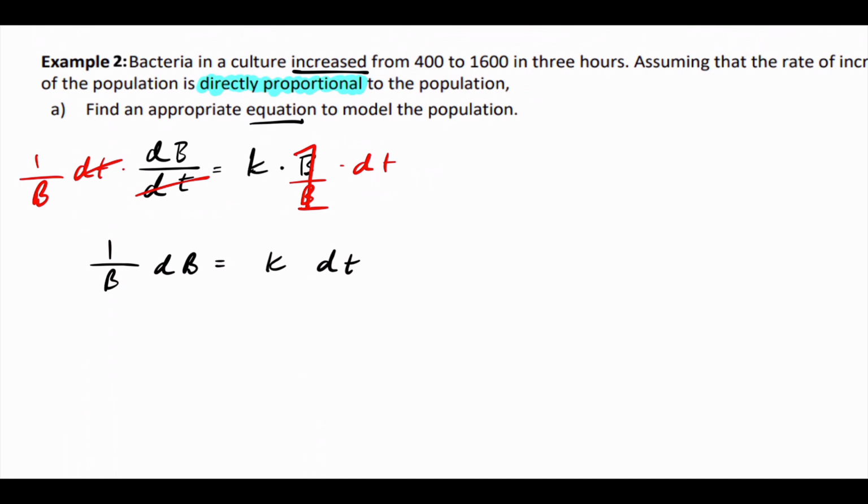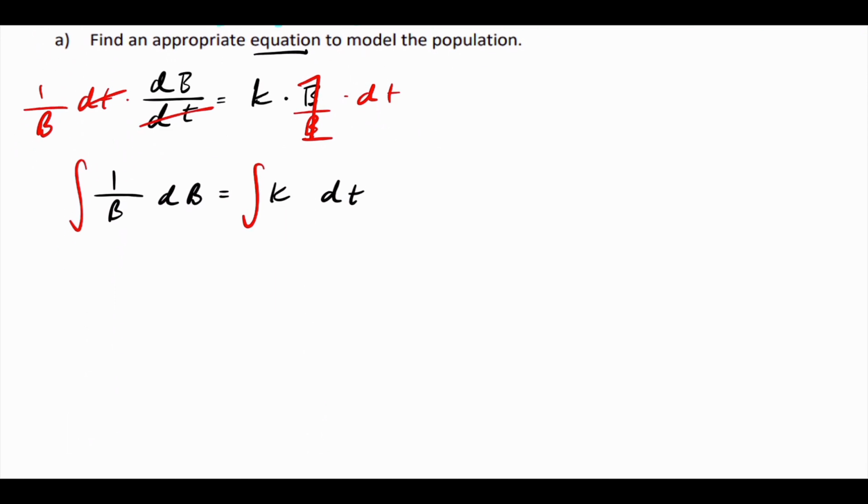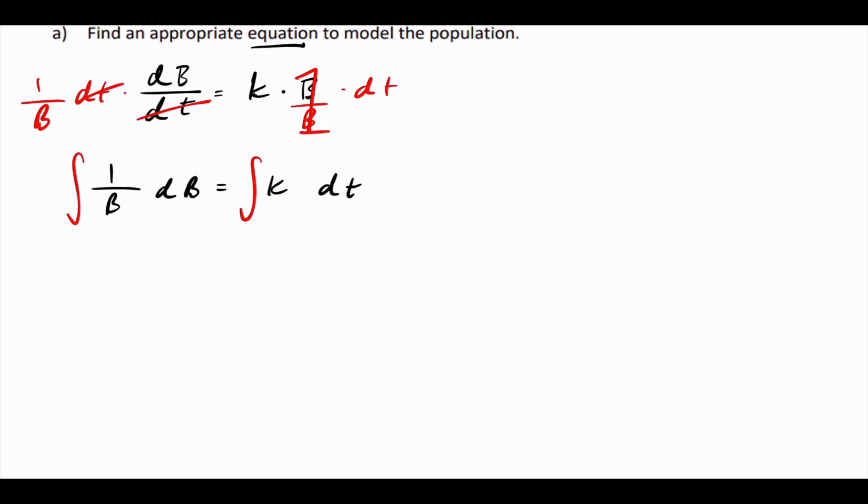Okay. Next step, antiderivatives. I told you guys you'd be seeing this quite a bit, and we're already seeing it. What is the antiderivative of 1 over b, 1 over x, 1 over u, 1 over y, 1 over anything? Natural log of b. The other side is going to be k what? T, good. Plus c. Good.